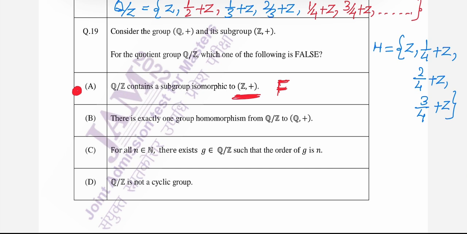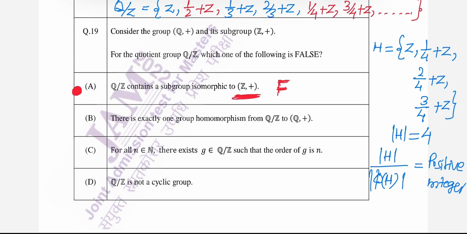Okay, so this group is cyclic. Also the order of this group is 4. So this time order of phi H should be a positive integer. What does it mean?